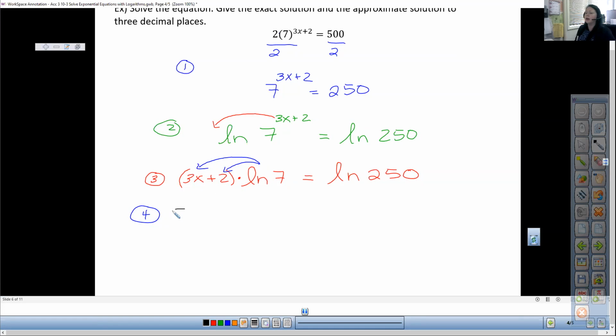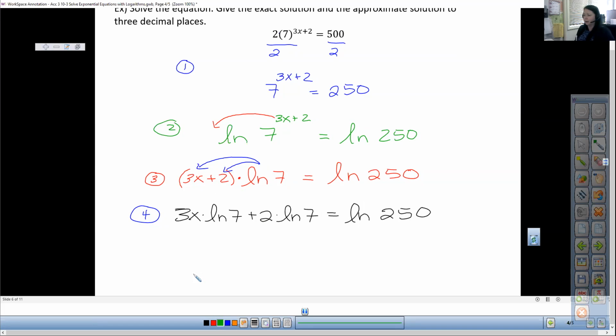We're not. That argument cannot change. So we have 3x times the natural logarithm of 7 plus 2 times the natural logarithm of 7 equals our natural logarithm of 250.